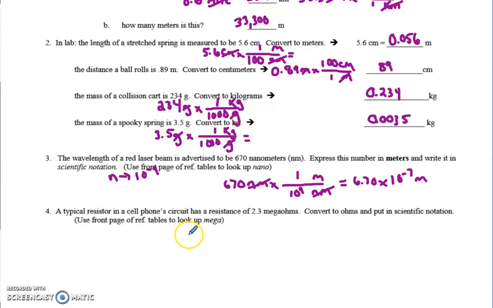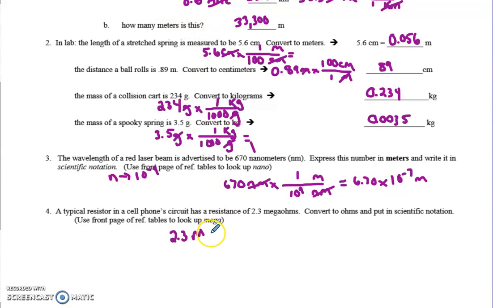The next one is talking about cell phones and resistors inside of it, but the important piece for right now is that this is 2.3 mega ohms. Let's just write it out like this for now.